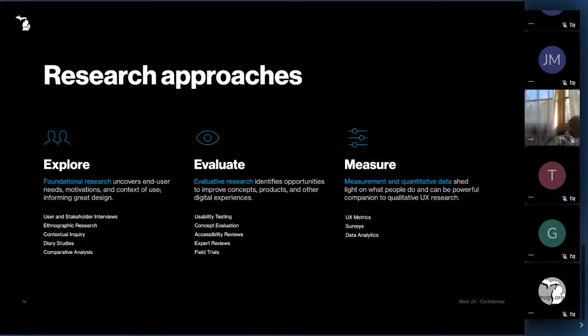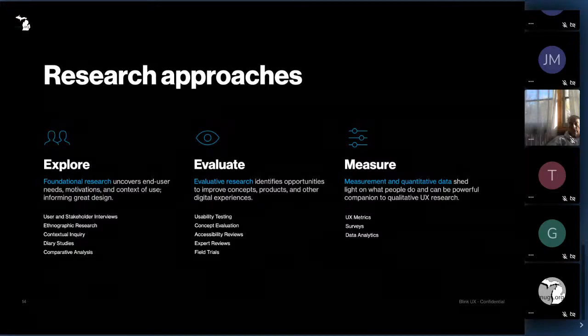And really, this is about exploring and trying to understand what the problems are that people are having, even apart from maybe the specific technology that you're looking at, but related to it. What does the overall context look like that they're working in, or their home life and so forth?